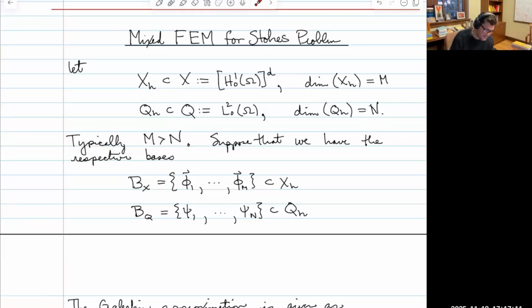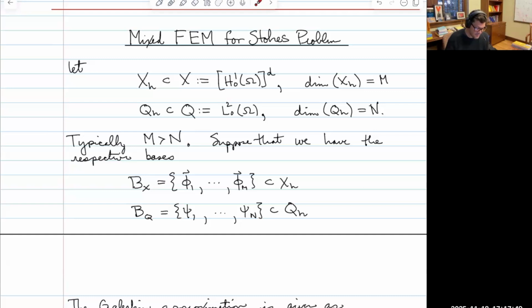We want to come up with finite dimensional subspaces of X and Q. The dimensions of these spaces we'll set to be M and N. Typically, in this case, we're going to definitely find that M is strictly bigger than N. The dimension of this space has to be significantly bigger than the dimension of QH. Those two finite dimensional subspaces are the basis for that process we called the Galerkin approximation process.